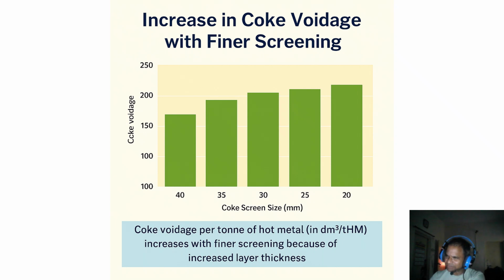So we can say that coke screening is not just a mechanical separation as we have seen earlier. It is also fuel conditioning. A 35 aperture represents the best compromise between reusability and furnace health. Screen smarter, and then we can say that we melt smarter as well.